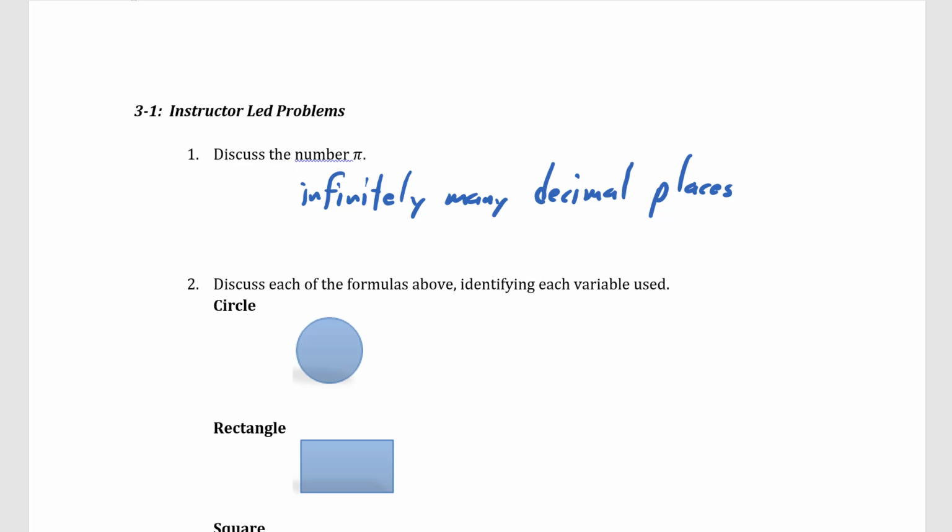So anytime that we use a number for pi in our work, we are using an approximation for it. Sometimes we will use 3.14. Only use that if the instructions tell you to. Other times you'll find that there is a pi key on your calculator, and if you press that, it will give you more decimal places, something more like what I'm writing down here, 3.141592654, for instance.